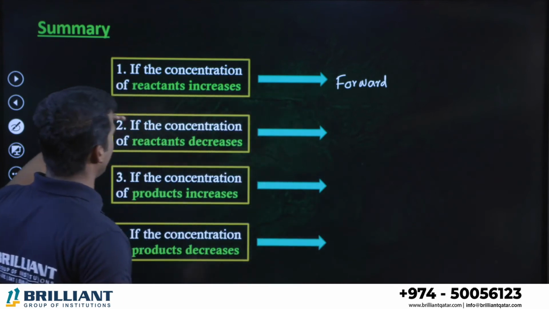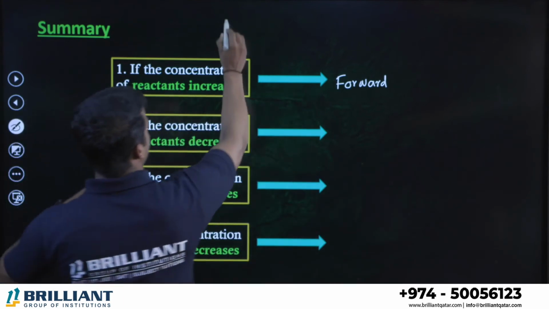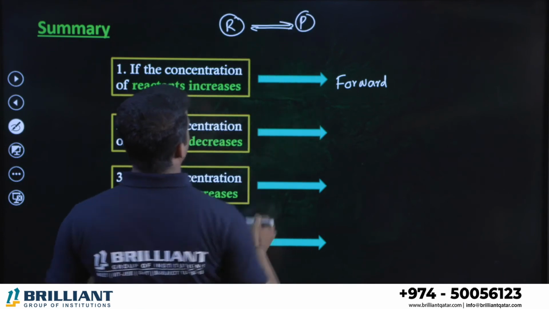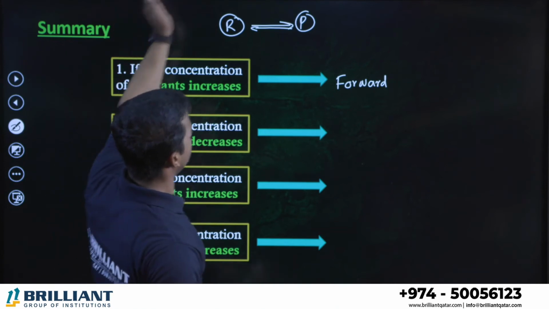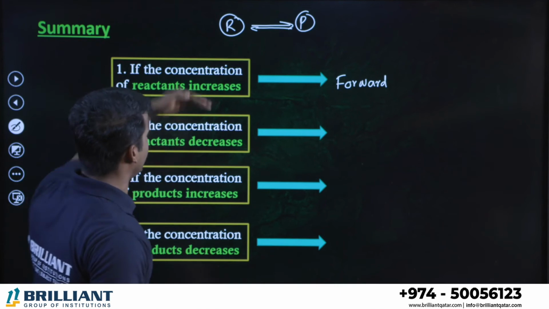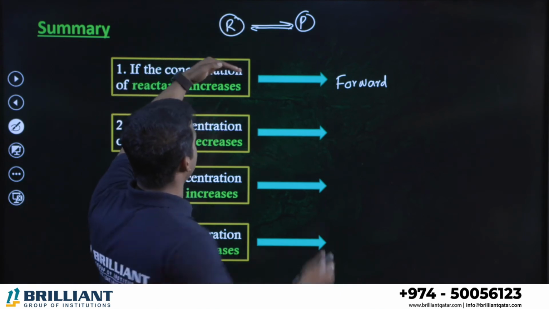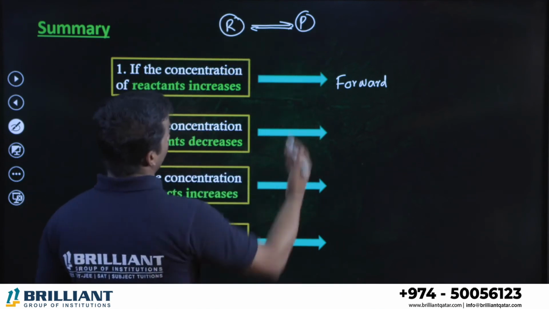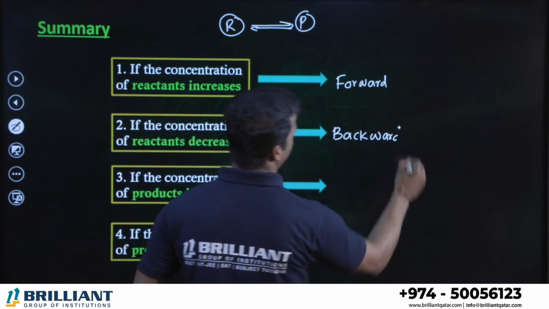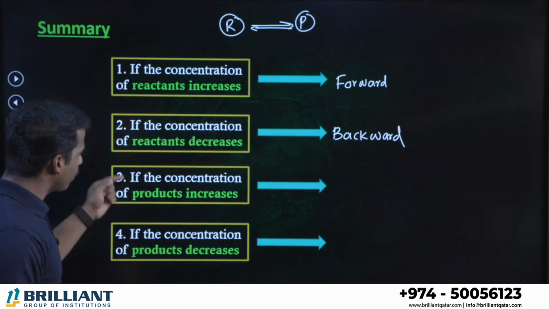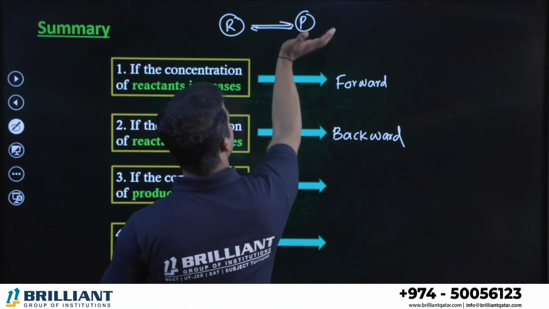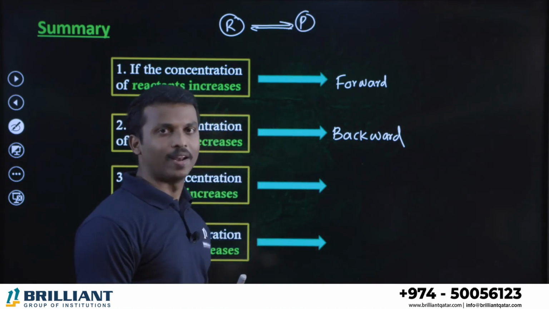If reactant concentration increases, forward reaction will take place. If the concentration of reactant decreases, the reaction will shift from product to reactant. That's called backward reaction. Clear all? Next one. If you increase the product concentration, what can happen?